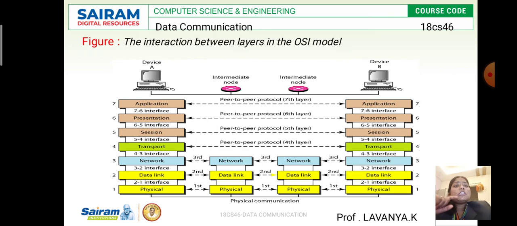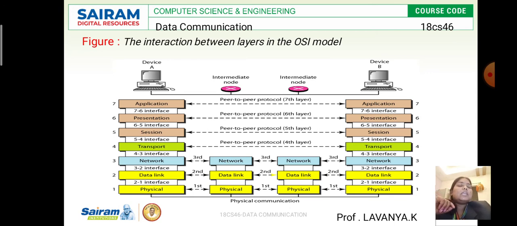Then what are the responsibilities of the physical layer? The first responsibility is the physical characteristics of the interface and medium. The second one is the data rate, or transmission rate.